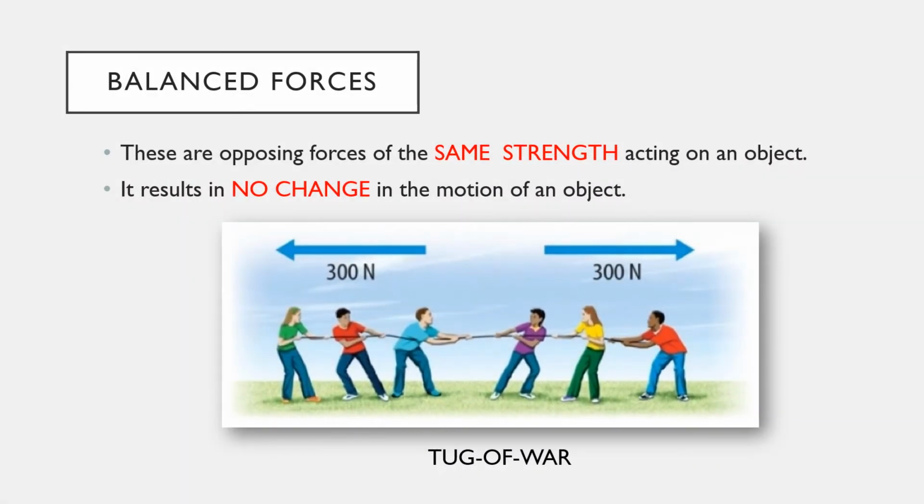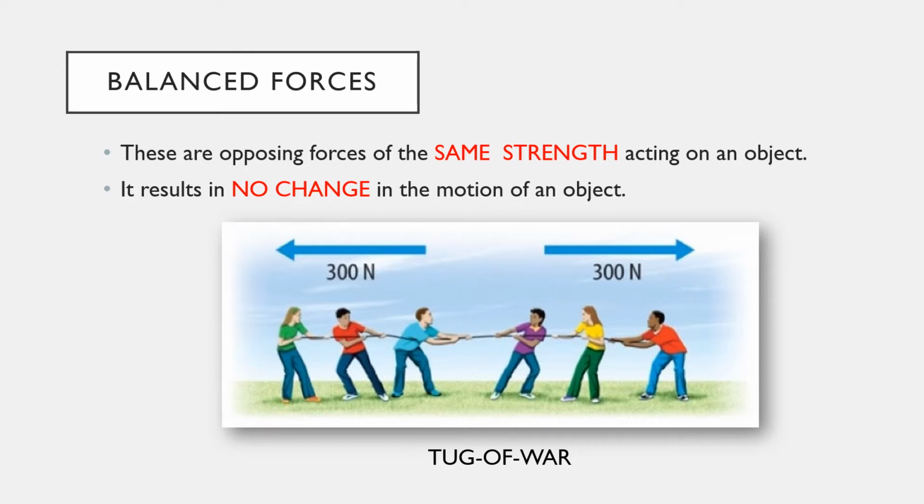There are two types of forces. If you think about this tug of war, we already know that forces have a standard unit of Newton. So we have here 300 Newton and another 300 Newton.